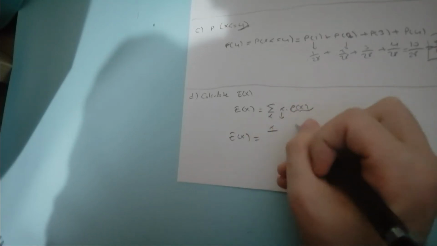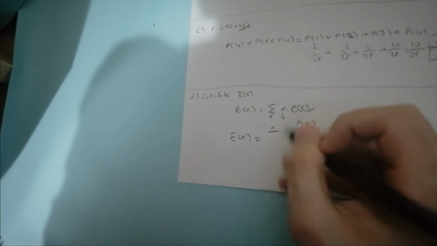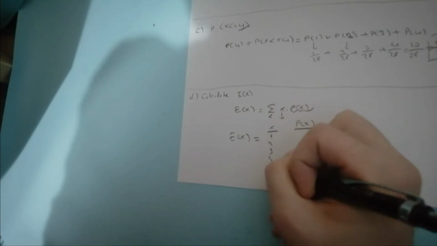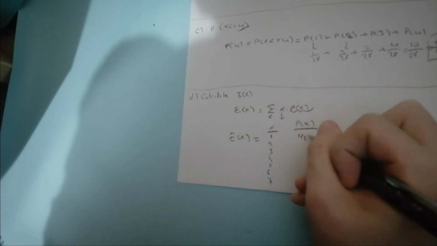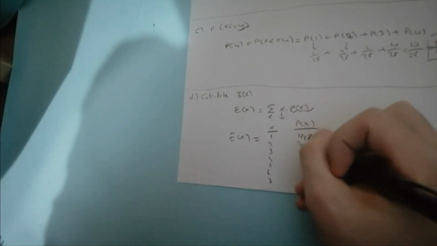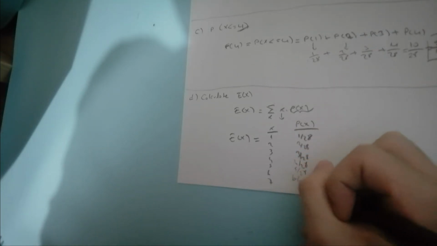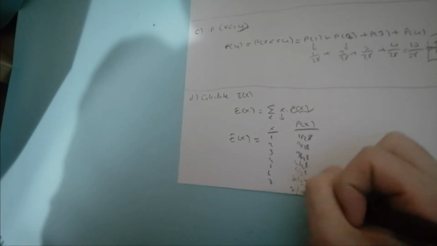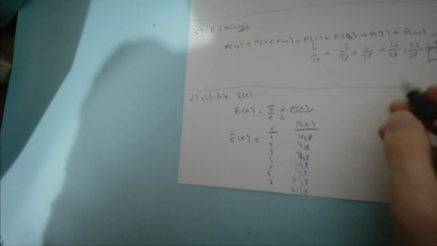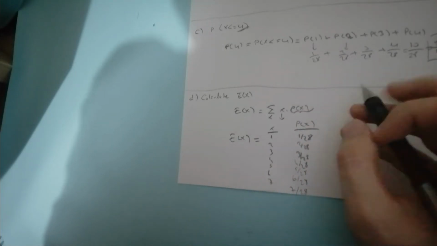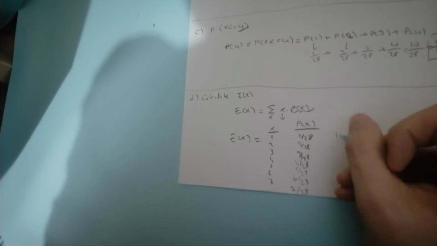These are the x values and these are their probabilities. 1, 2, 3, 4, 5, 6, 7. Its probability is 1 over 28, 2 over 28, 3 over 28, 4 over 28, 5 over 28, 6 over 28, and 7 over 28. So we just multiply them and add them up.